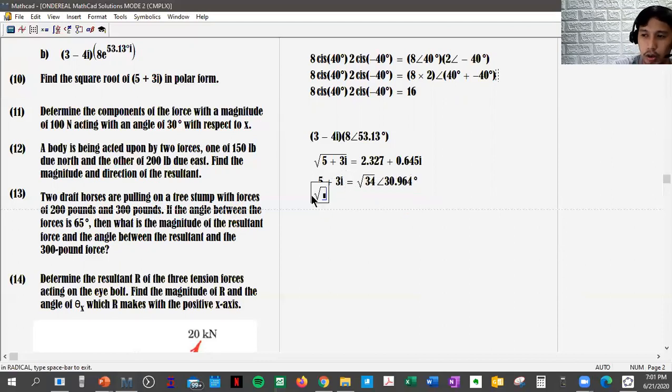Okay, square root of 5 plus 3i is equivalent to taking the square root of this, square root of 34. Then yung angle dito must become, there are two, di ba?